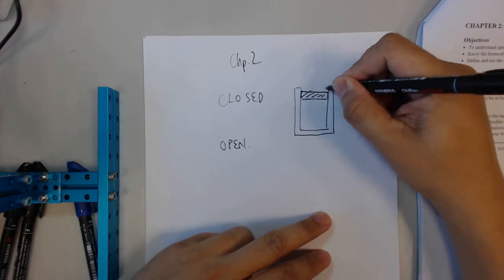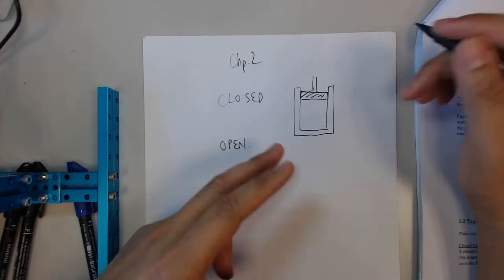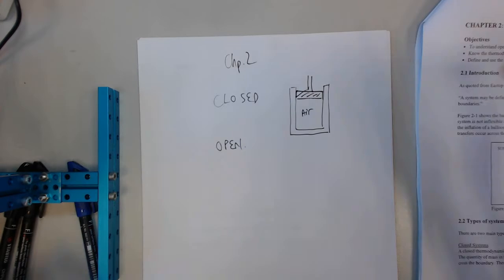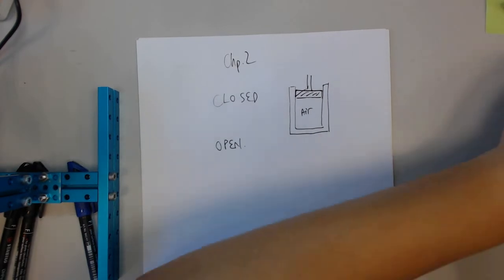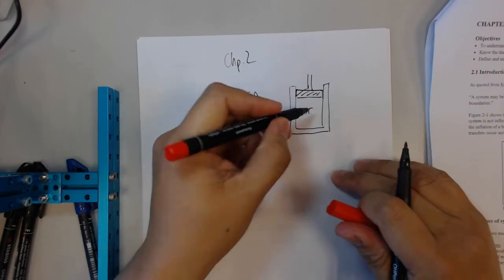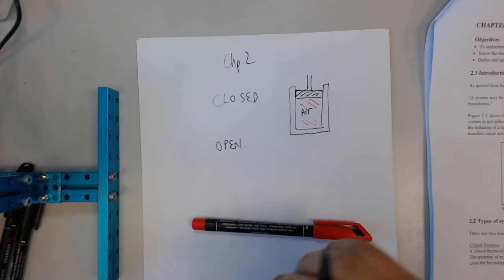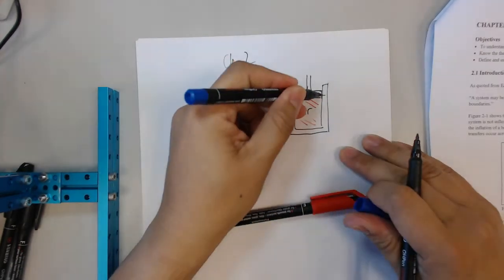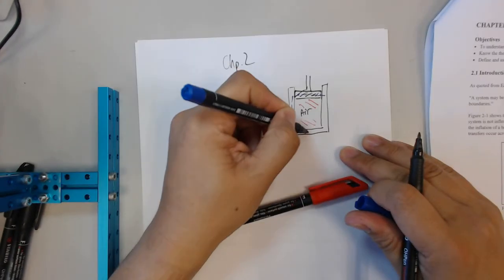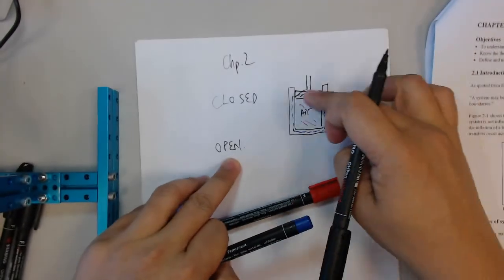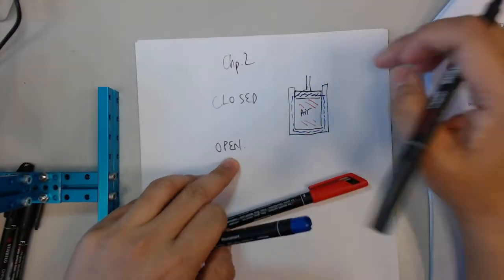So this piston is here. So what is the fluid? The fluid can be air, which is found inside the cylinder. So this is your fluid, and this is the so-called system. And the boundary is a limit that encloses the air. Whatever is outside is called the surroundings.